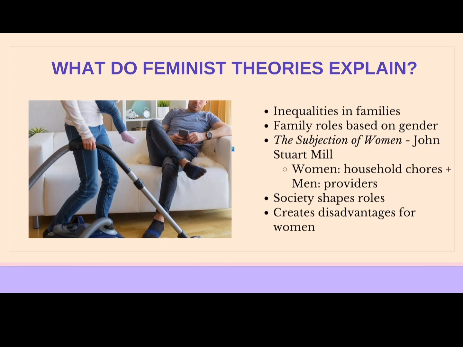These roles can place women and girls in households that put them at a heavy disadvantage because it limits them from being independent and finding opportunities, because they become financially dependent on the man in the house.